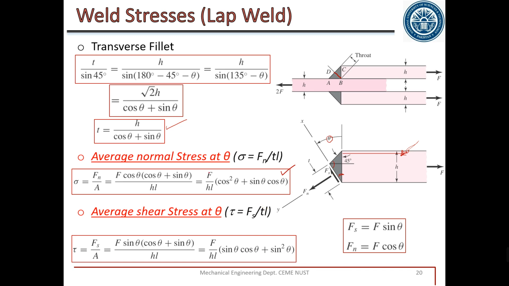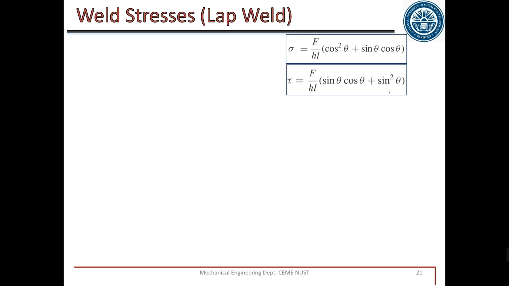We substitute t equal to h divided by sine theta plus cos theta, and we will get the final equation of tau. We have the equation of normal stress, and we have the equation of shear stress on the lap weld. These are the two, sigma and tau, we have calculated for the lap joint.